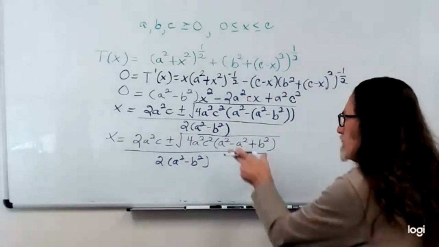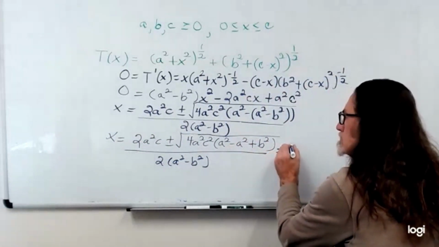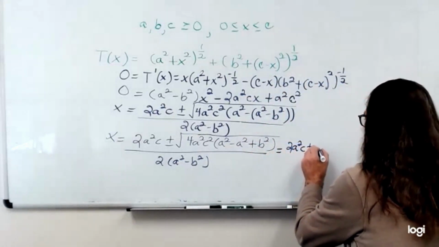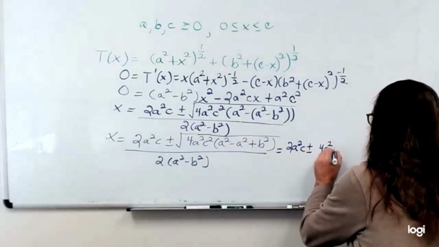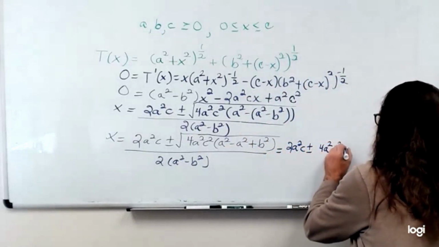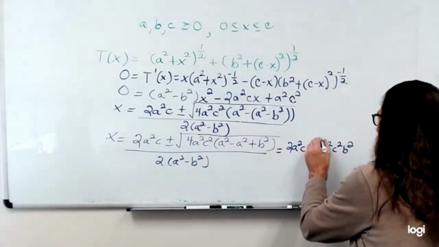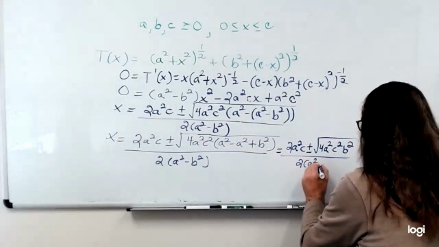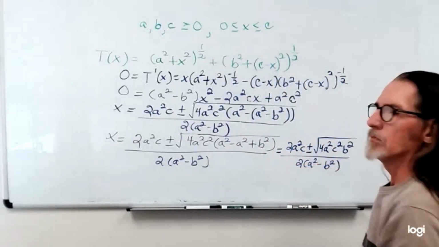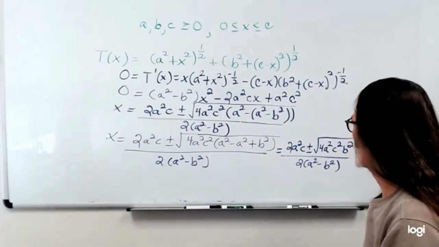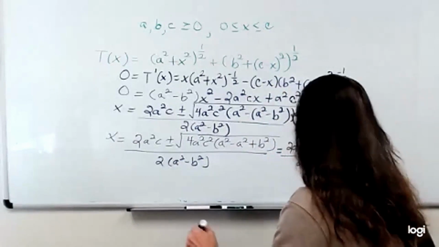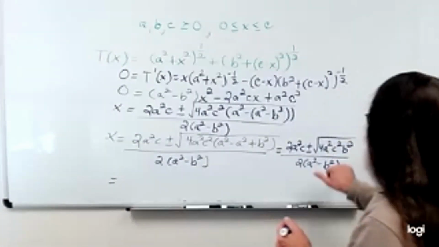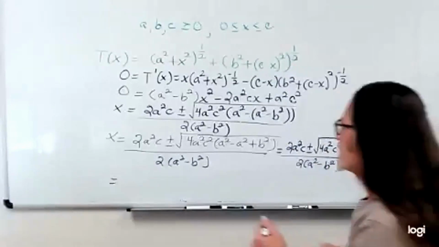And then combining like terms here. That's starting to look nicer. Let's see here. Taking the square root of each of these factors.